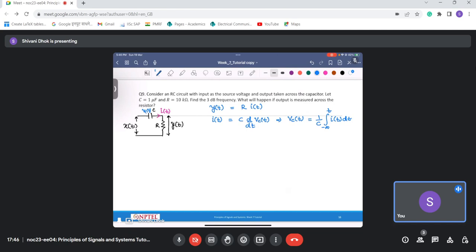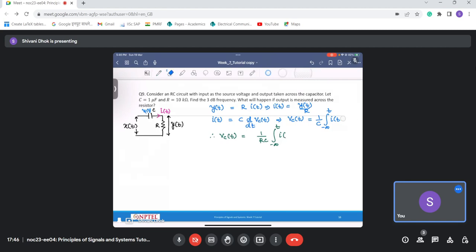Okay, and from this equation, iT is simply y(t) by R. Therefore, this vC(t) is equal to 1 by RC integral from minus infinity to t of i(tau) d tau.